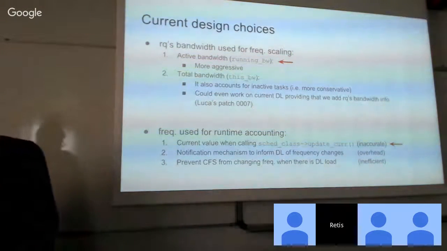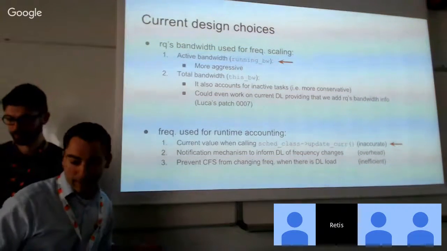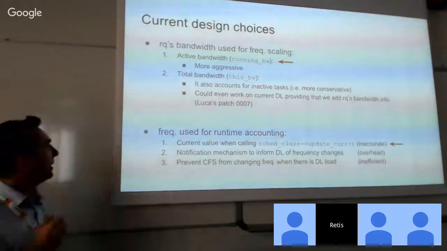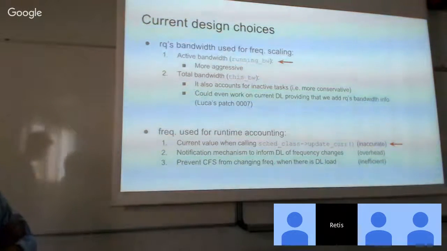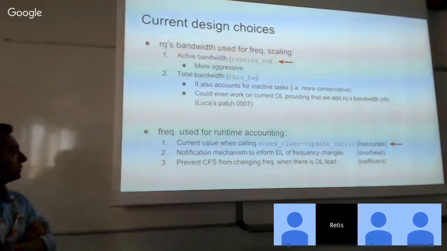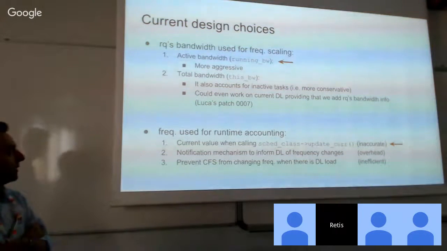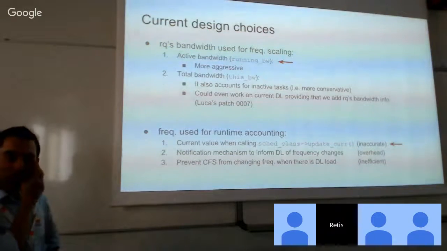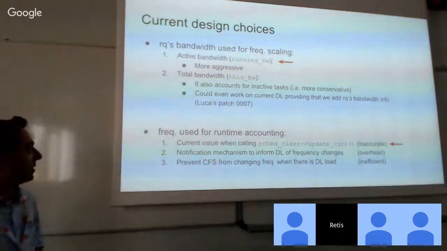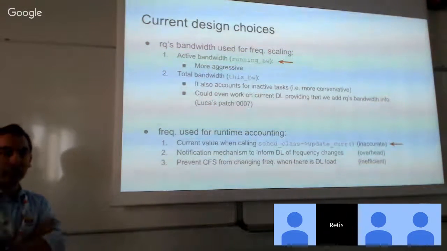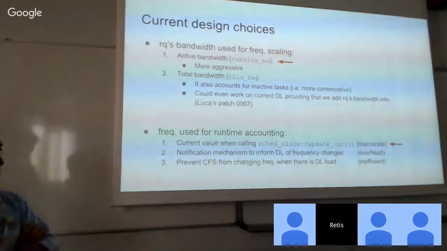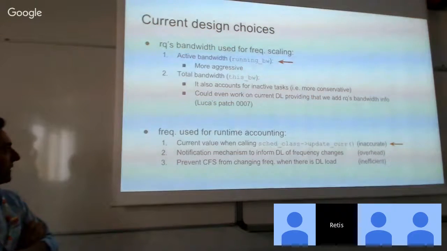Yeah, so just before continuing the discussion about the kthread issue, I thought it was good to point out a couple of design choices that we have silently made, in case some of you disagree or have a different opinion on how to make this design.